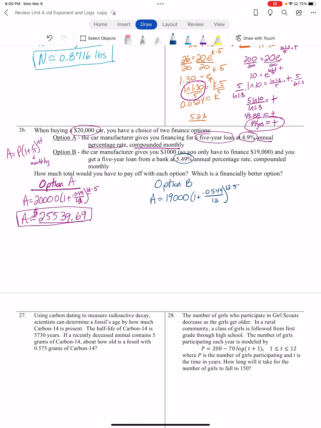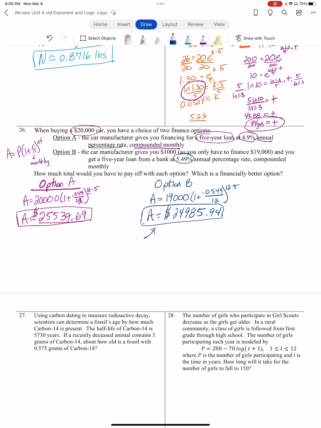Okay, I'm just checking my work here. To the 12 times 5. Okay, and I have $24,985 and 94 cents. I'm rounding up here because I would think that a bank would round up.